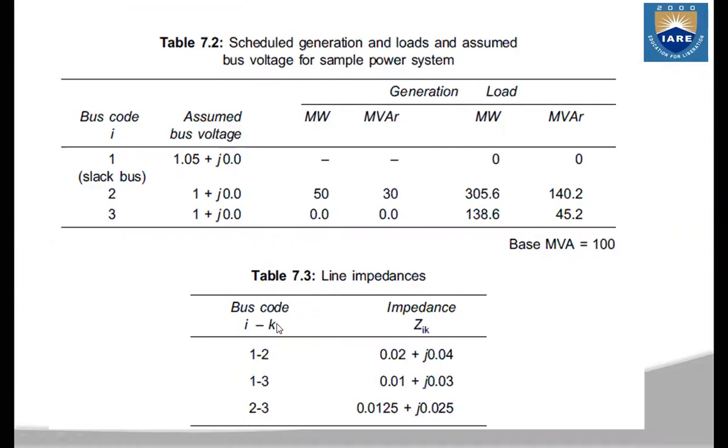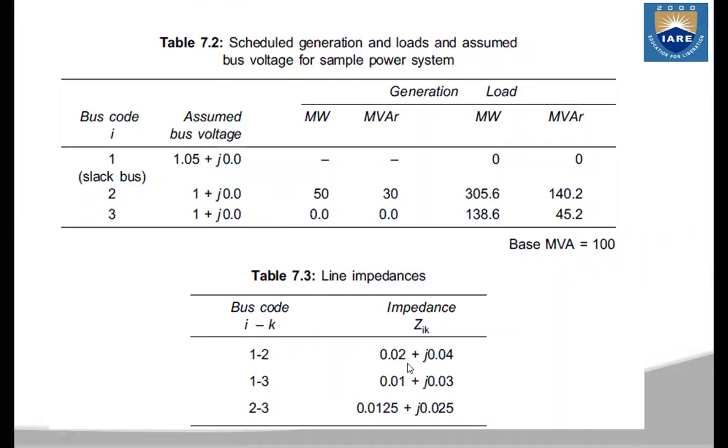Bus code I, K. The line is between buses 1 and 2. Between 1 and 3 you have the transmission line which has an impedance 0.01 plus j0.03. The line between buses 2 and 3 has an impedance of 0.0125 plus j0.025. Right. From this line data you have to calculate the Y-bus matrix.